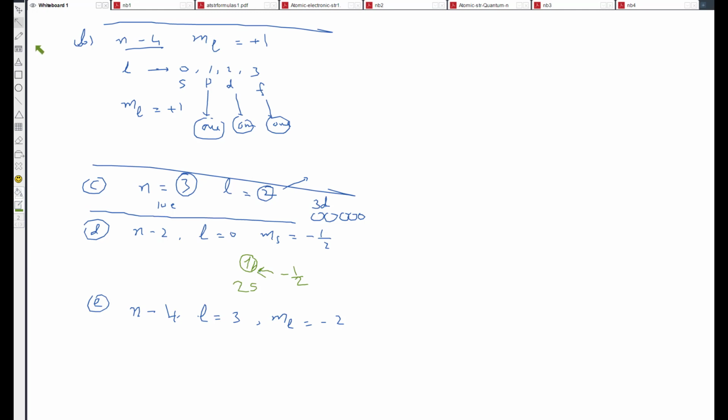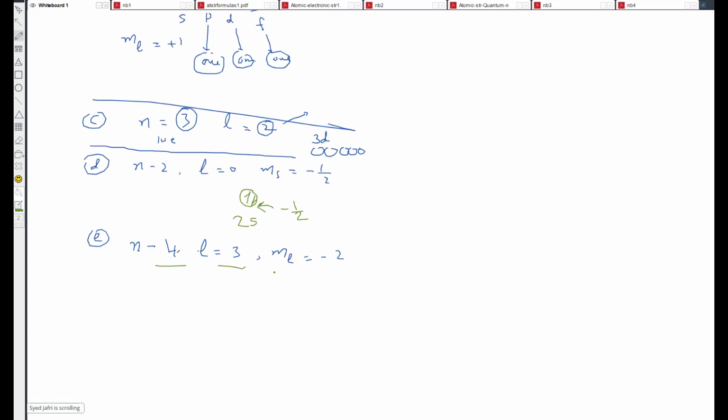All right, so let's see. This is given, and we're going to target the -2. Let me think for a moment. We got the third energy level.